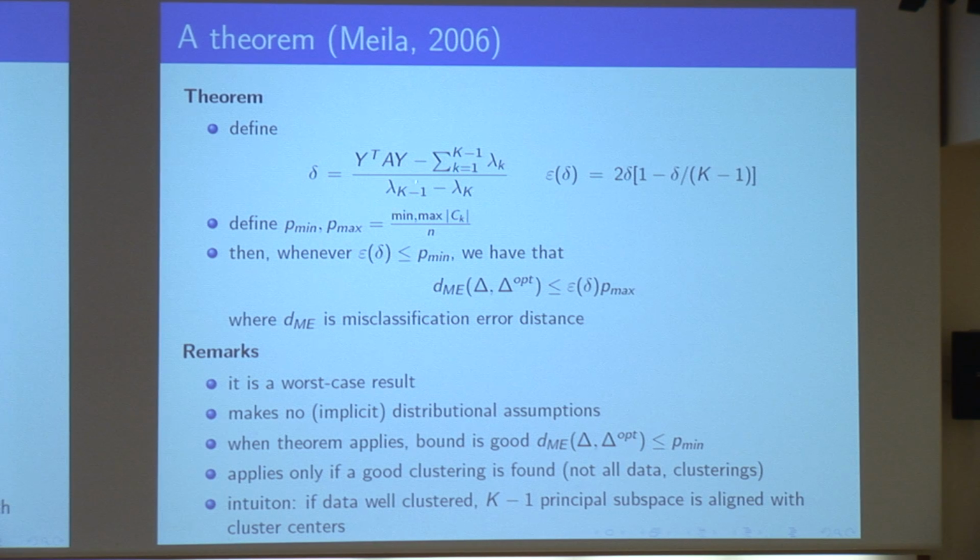If the eigengap is 0, it means that the subspace is not even well defined. And if the eigengap is small, then it means that the subspace is very unstable. So I want a matrix that has a stable subspace, and if I find a good clustering on it, then I can guarantee how good it is with respect to the optimum.